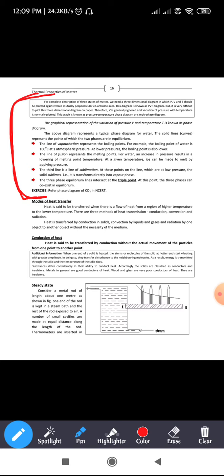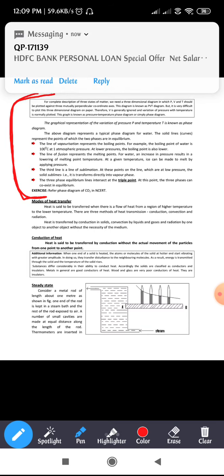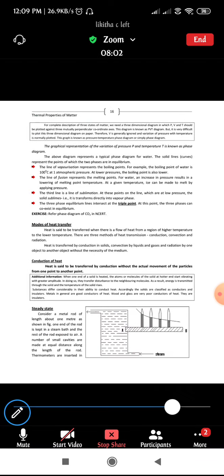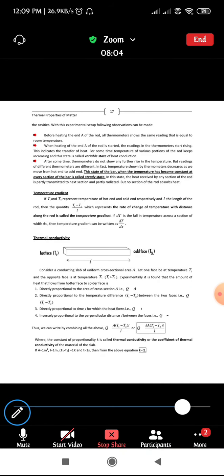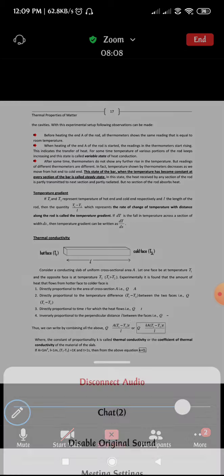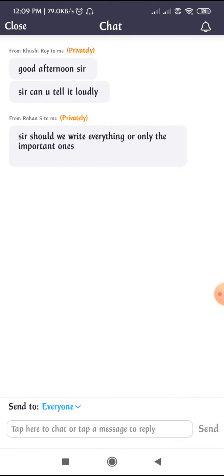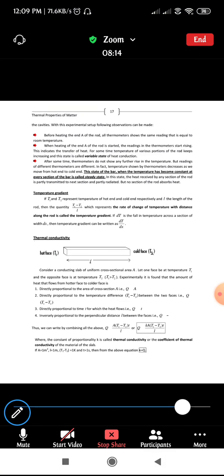If I ask what do you mean by this triple point, I think some of you are aware of this triple point, right? So anyone, what do you mean by this triple point? Yes, anyone?